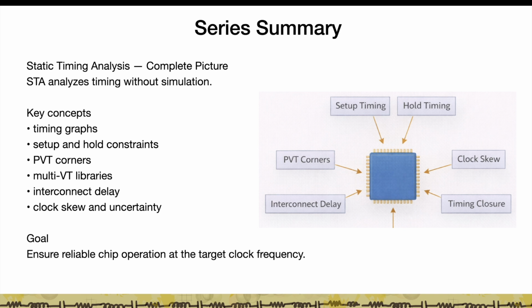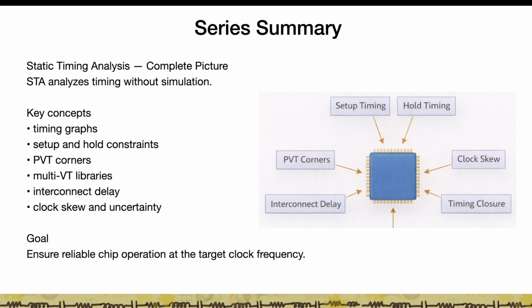We built up the full model layer by layer. Setup and hold constraints define what the flip-flops need. PVT corners account for manufacturing variation, voltage, and temperature. Multi-VT libraries give designers the lever to trade leakage power for speed.